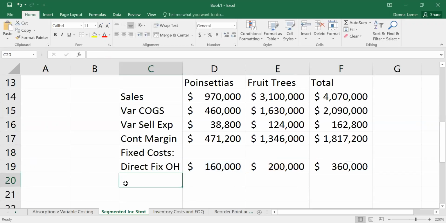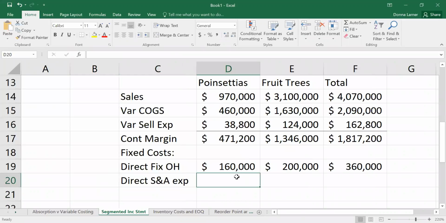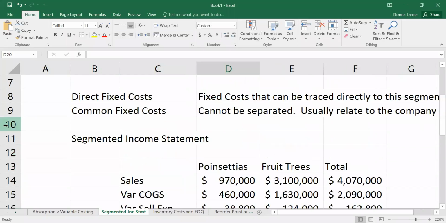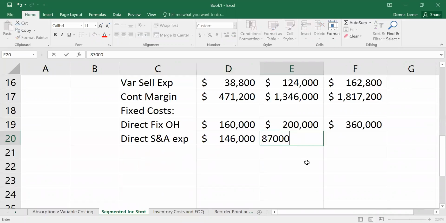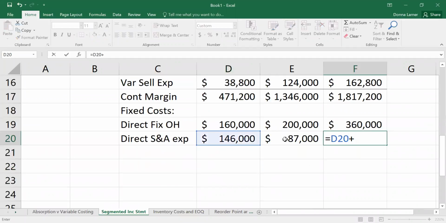And are there any direct selling and administrative expenses? And yes, there are. Those are given again in the paragraph around where they talked about the 4%. And they said that for poinsettias, it's $146,000. And for the fruit trees, only $87,000. For some reason, it's less there, even though they make a whole lot more sales of fruit trees.